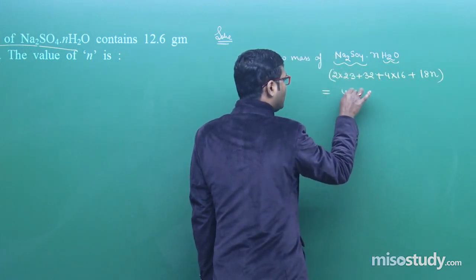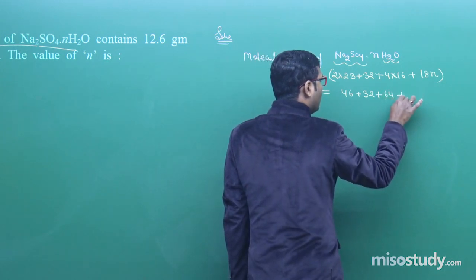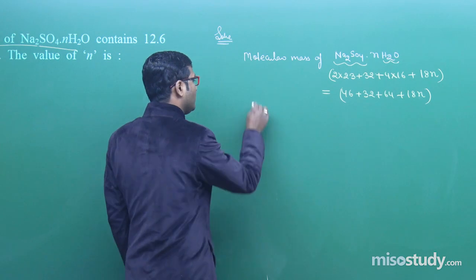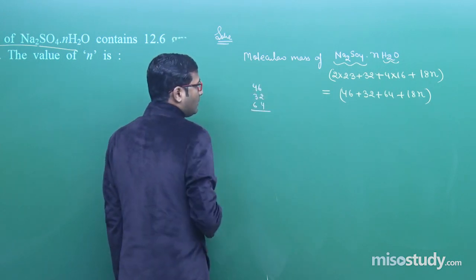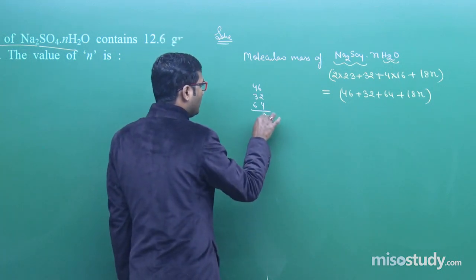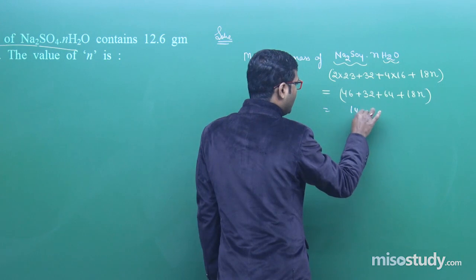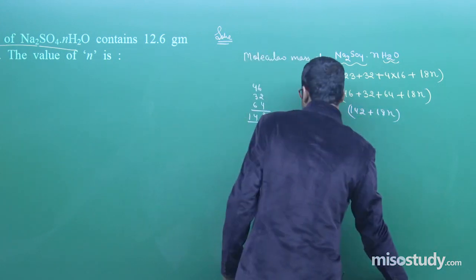Clear? Yes. 46 plus 32 plus 64 plus 18N. That is 142 plus 18N. This is the molecular mass.